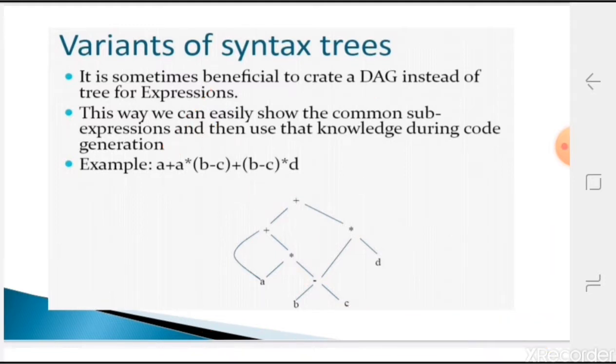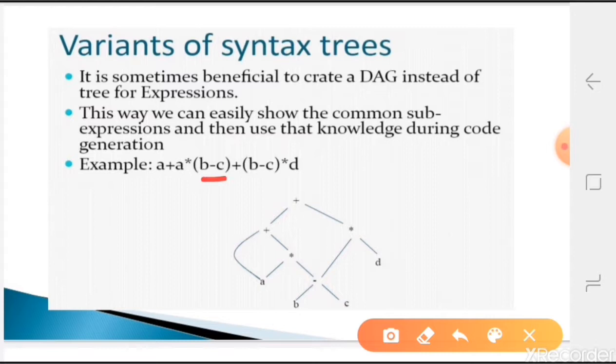For example, here we have b minus c. Once we calculate b minus c, it is multiplied with a, and the same b minus c is also multiplied with d.